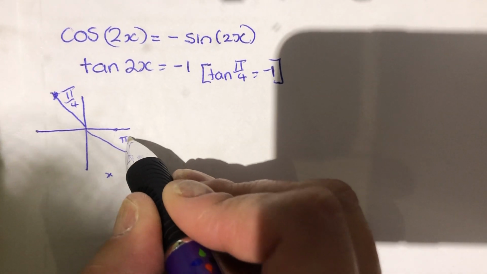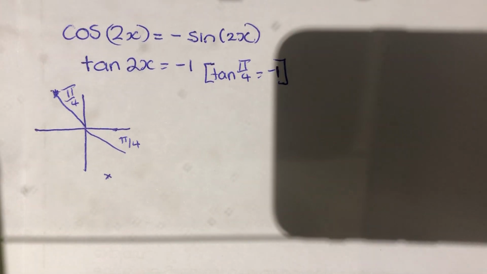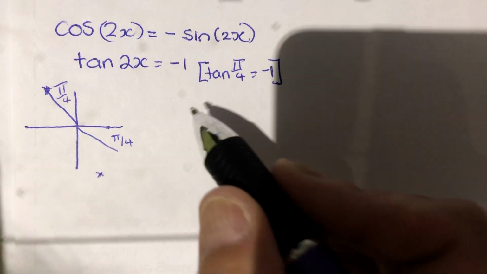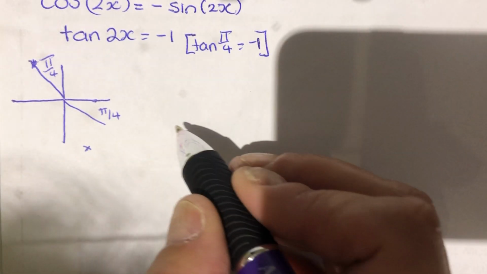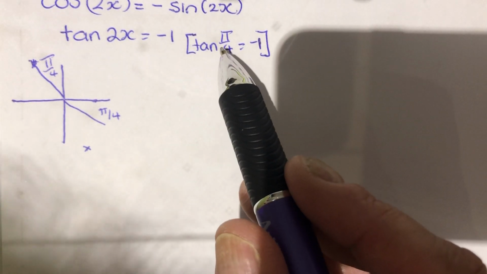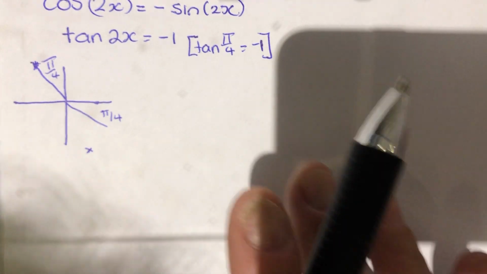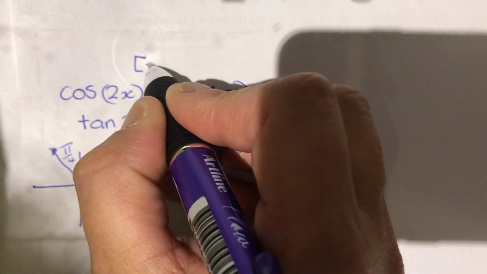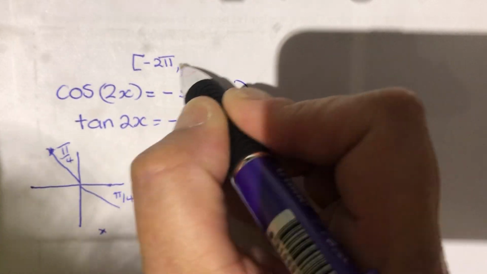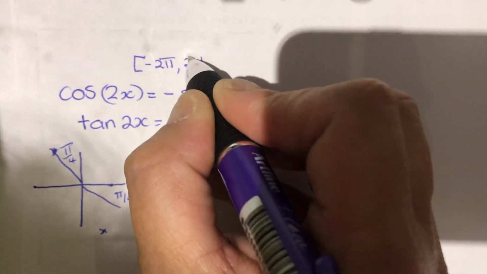And pi on 4. Okay, so how can we use this information? We are going to think about where the domain is as well. So the domain in this case is going to be negative 2 pi to 2 pi.